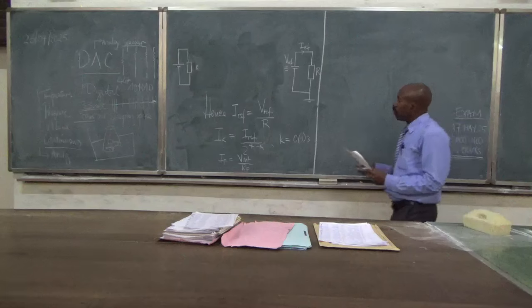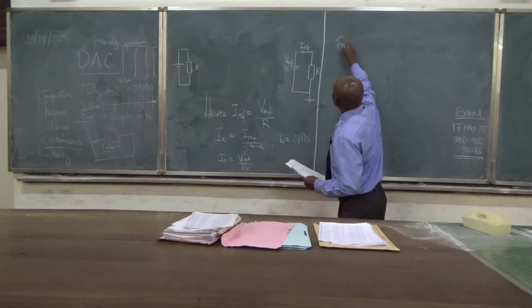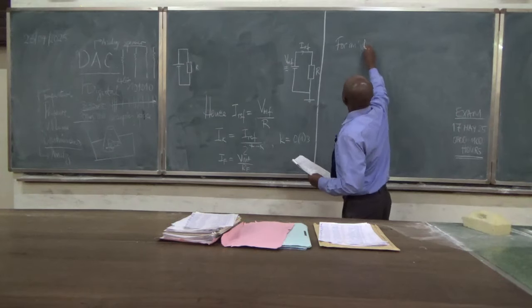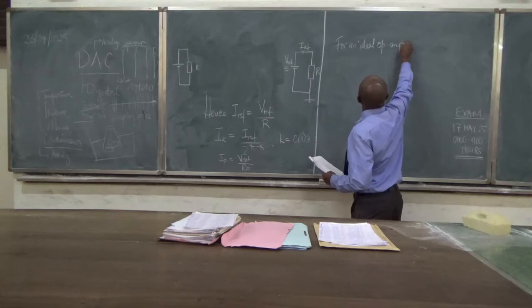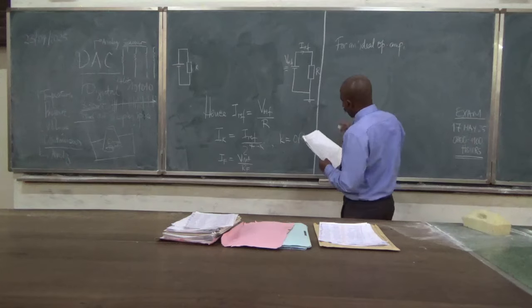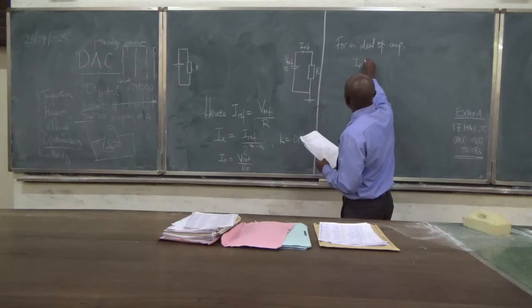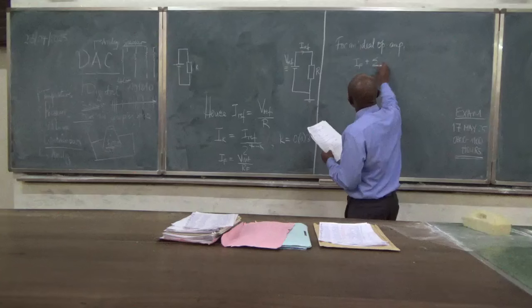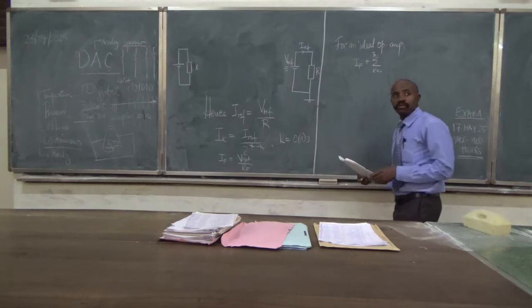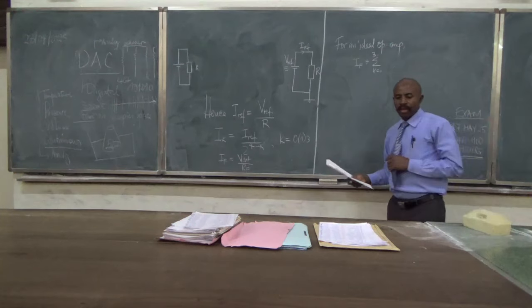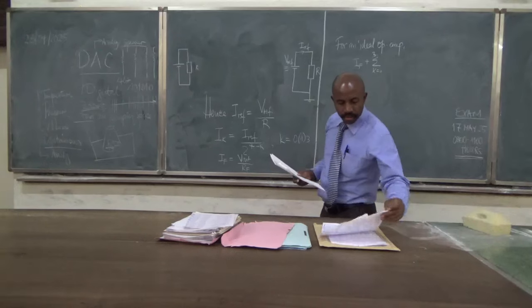For an ideal operational amplifier, we have the sum of the currents from K equal to 0 up to 3, since we have 4-bit.